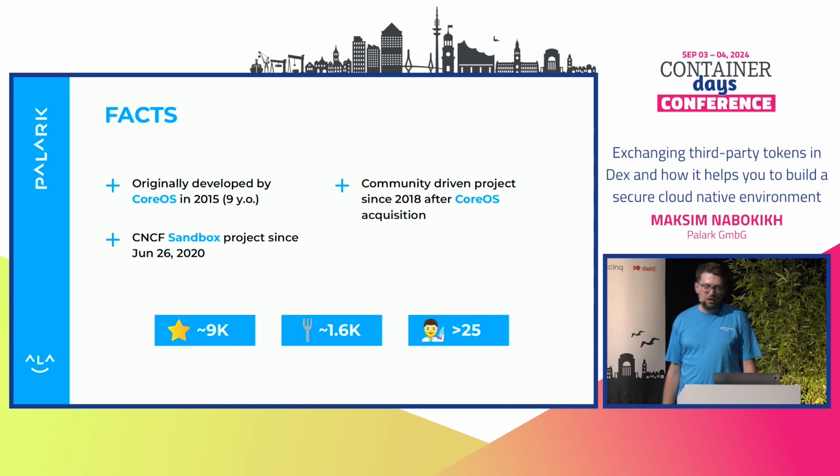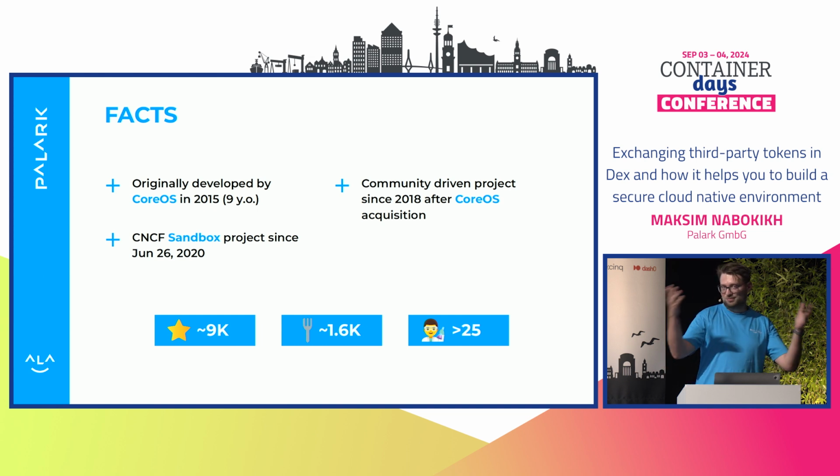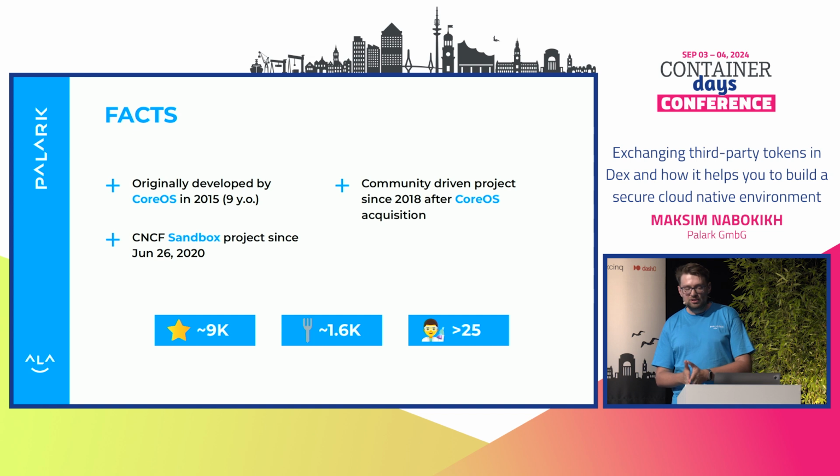There are some facts. DEX was originally developed by the CoreOS company back in 2015. It's already 9 years old, and if you remember the name of the company, you're probably not new to the industry either. It's been a community-driven project since 2018, so after the CoreOS acquisition, it became a community project, and it was donated to the Cloud Native Computing Foundation, and it has been a sandbox project since June 26, 2020.